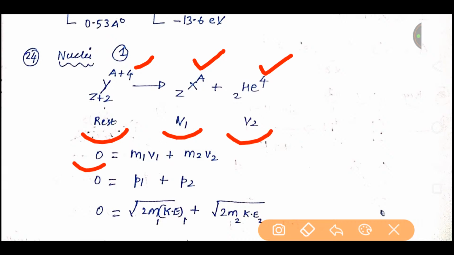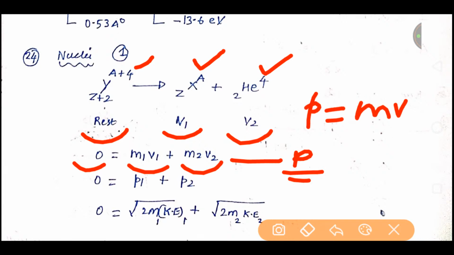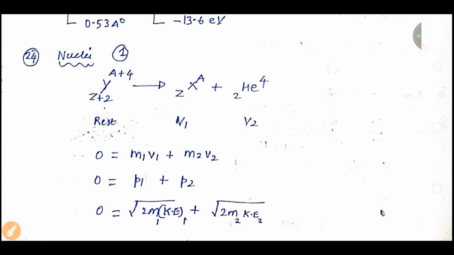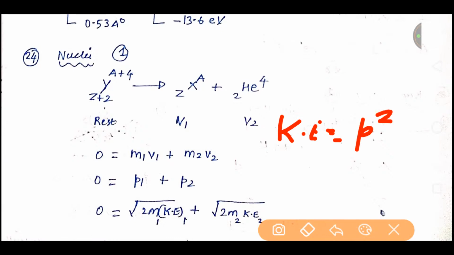So 0 is equal to, law of conservation of momentum, right? M1 V1 plus M2 V2. You know P is equal to MV. So shall we say it as P1 plus P2? And you should know this. Kinetic energy is equal to P square by 2M.